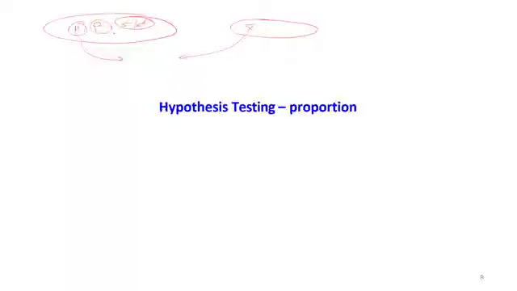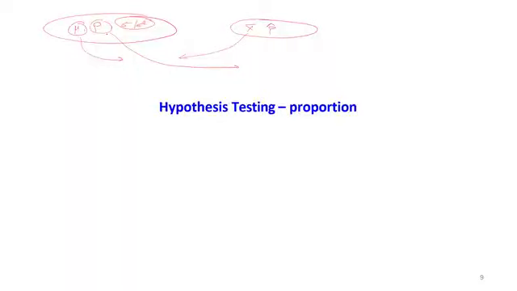Which is denoted by P. So for this, we have to refer to a sample proportion, which is denoted as P hat. Now, what is this proportion? So proportion, you know about it, right? The representation of a particular category inside the population is denoted as a proportion.